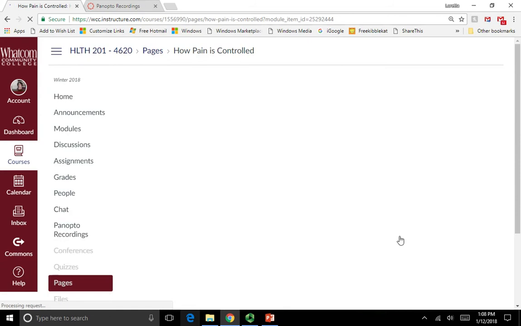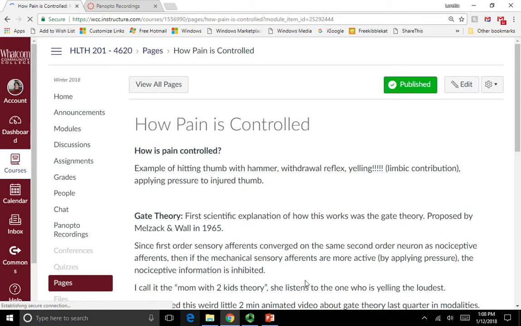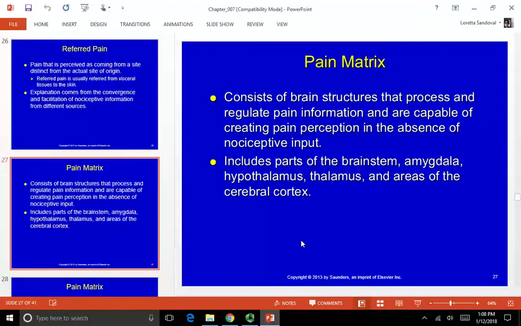So we need to talk about antinociceptive systems and how pain is controlled. We talked a little bit about Gate Theory in modalities class. So the pain matrix, it's those brain structures that process and regulate pain information and are capable of creating pain perception in the absence of nociceptive input.